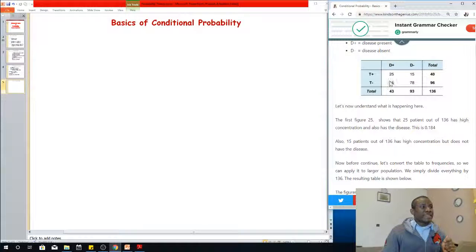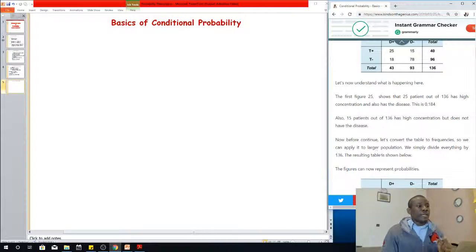And this 18 says that 18 out of the 136 patients have the disease, but they don't have high concentration of this chemical substance. And 78% of the patients have low concentration of this substance and they don't have the disease.